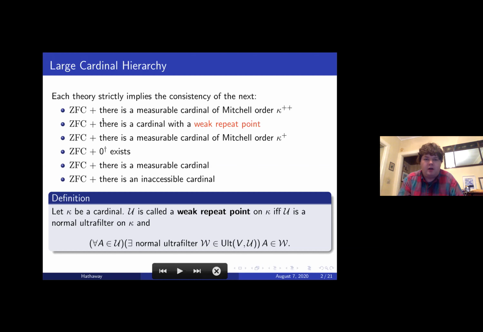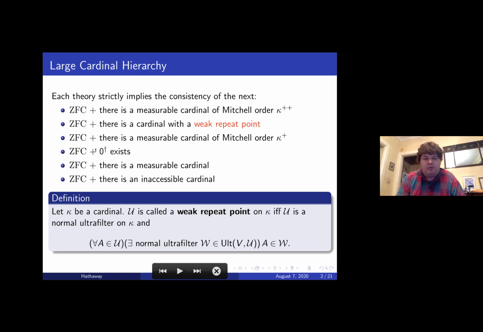Here are the large cardinal theories from highest to lowest. ZF plus there's a measurable cardinal of Mitchell order kappa plus plus. That's the most you could have if you have GCH. And then below that, you have this weird thing, ZFC plus there is a cardinal with a weak repeat point, which I'm going to define below. And that's stronger than ZFC plus there is a measurable cardinal of Mitchell order kappa plus.